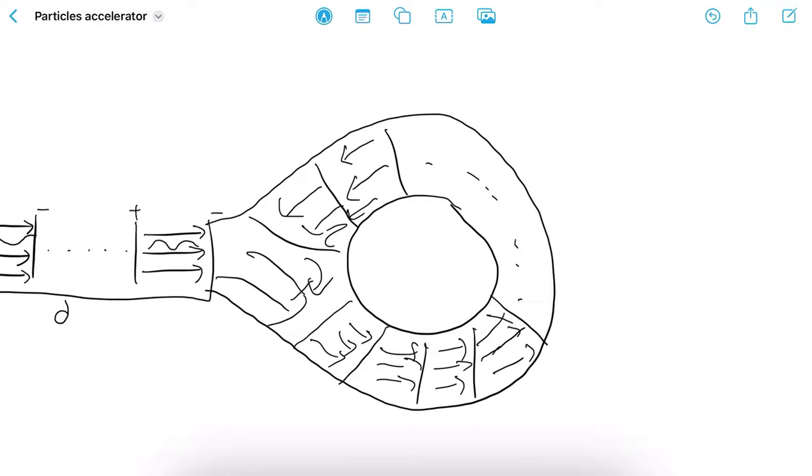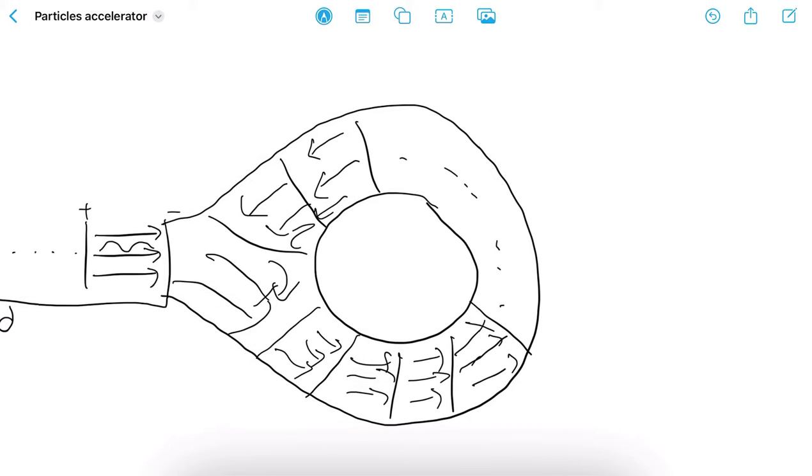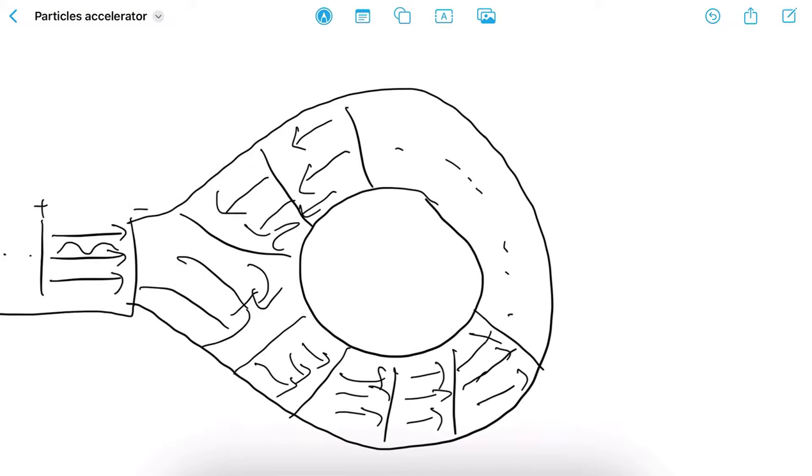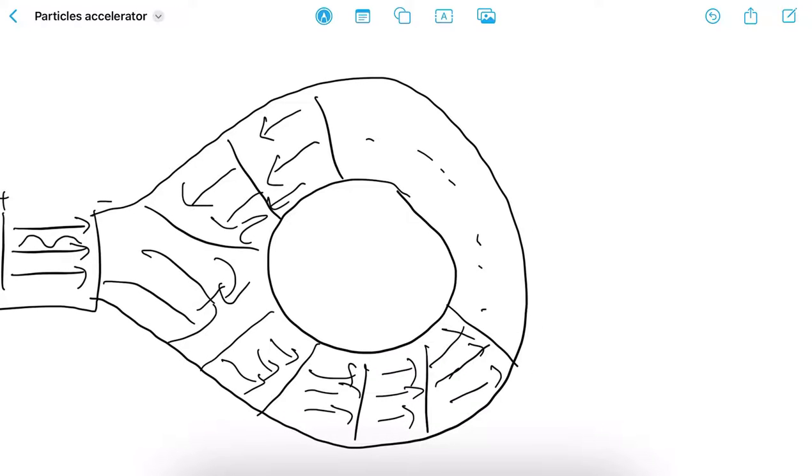But you may think that since the stream of protons is in a circular motion, and circular motion has a tangential force, which is provided by the electric field on the circle, and also a centripetal force, which is the force towards the center of the circle, what could that force be provided from?